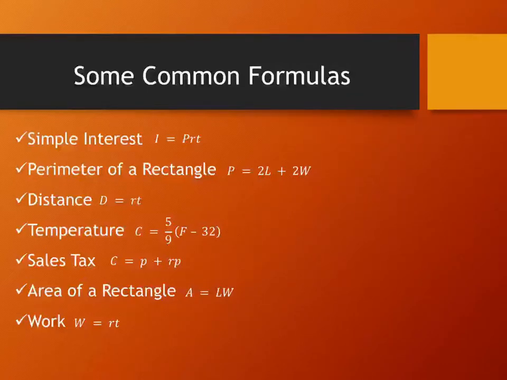R is your interest rate as a decimal. So, for example, if the interest rate's 4%, you have to change 4% into a decimal, which is 0.04. And then T is time, and time's always in years. Time in years always.